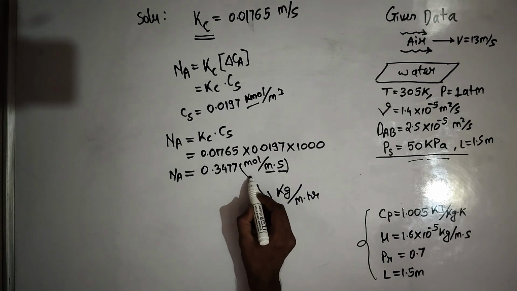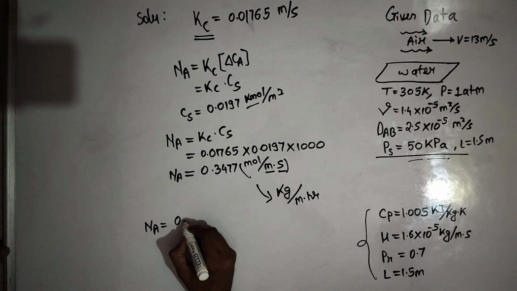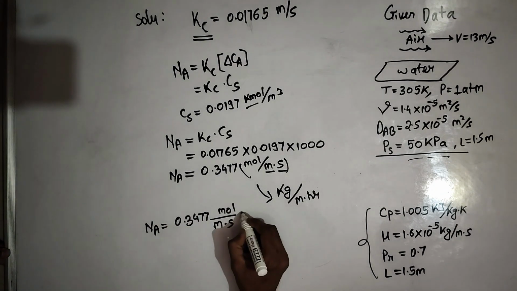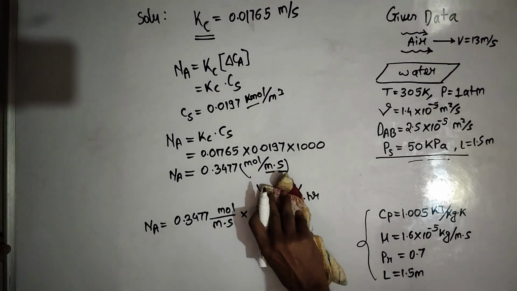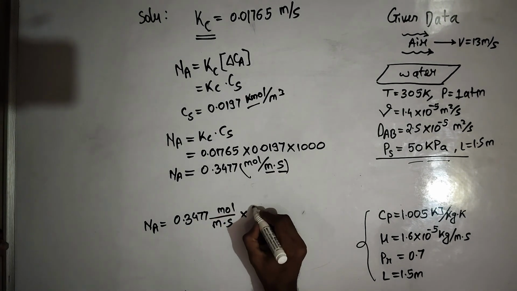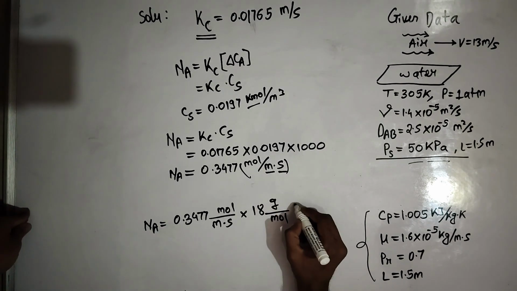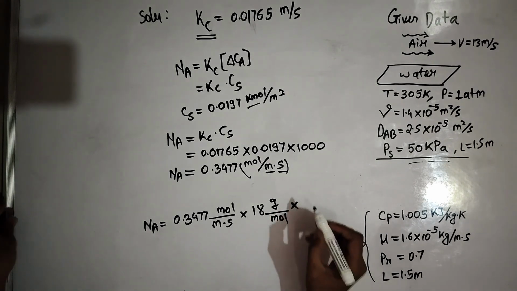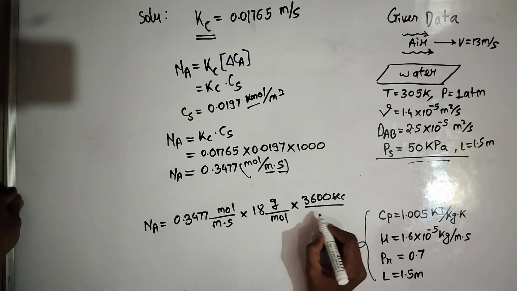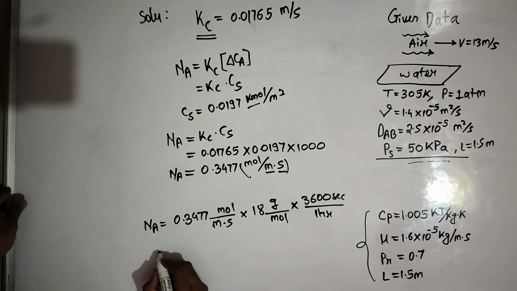To convert this unit, we have to multiply this value by the molecular weight of water, which is 18 gram per mole, and we also have to convert seconds into hour, so we will multiply by 3600 seconds upon 1 hour, as 1 hour contains 3600 seconds.